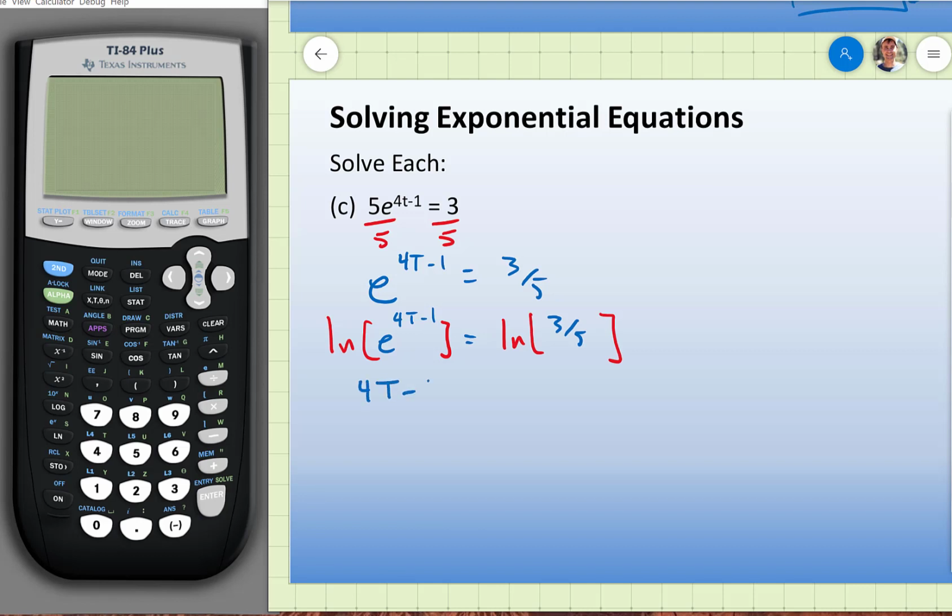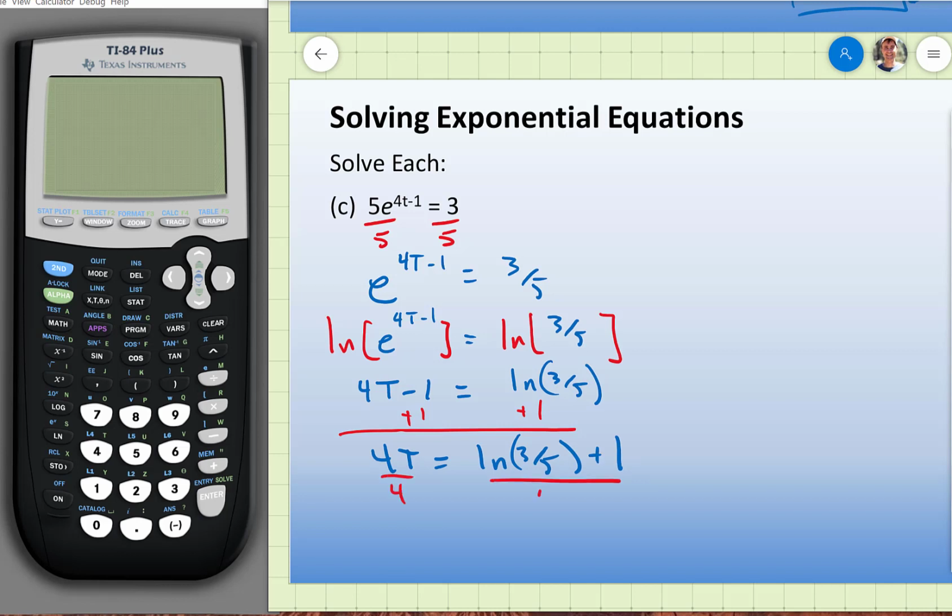So we're simplifying quite a bit here. 4t equals ln of 3/5 plus 1, and then divide that by 4. So you can keep it that way, or maybe you want to make that division real clear by putting it off to the side. But now I have an exact value for t.